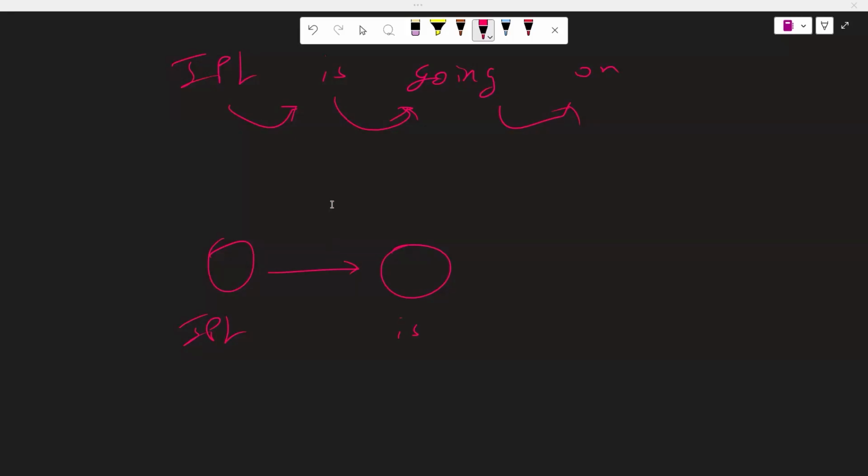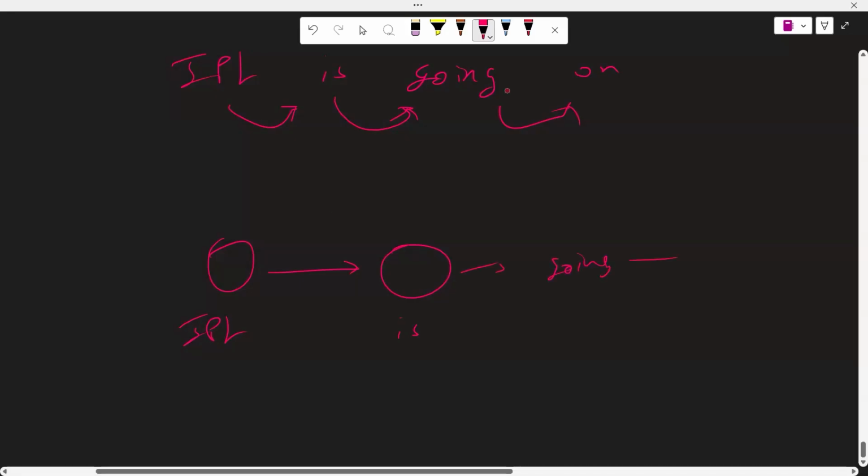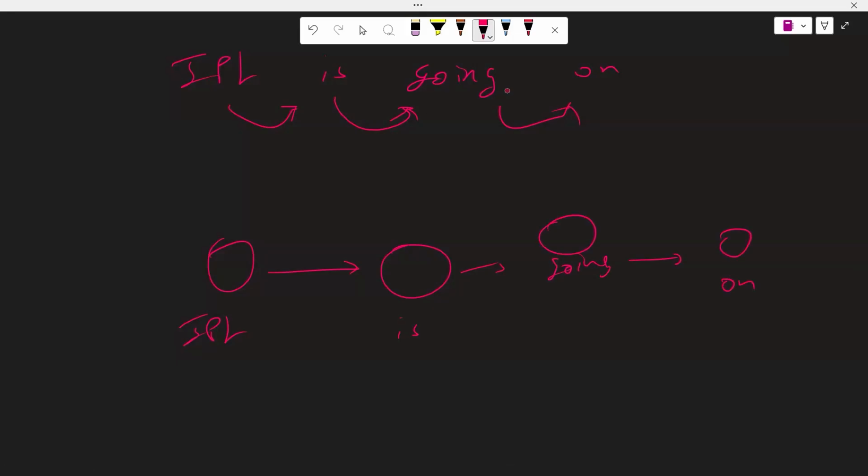Okay, so over here we are finding out the probabilities of IPL to "is", then "is" to "going", and so on, right? You're writing all the possible words and finding out what the transition probabilities are. Now the thing is, a hidden Markov model says you can have an additional hidden state which will help you with POS tagging.